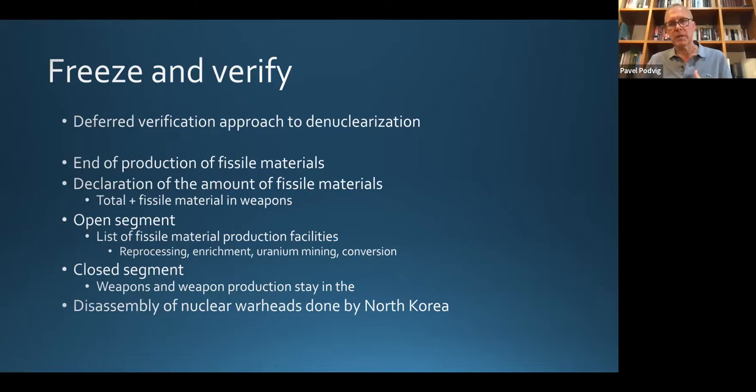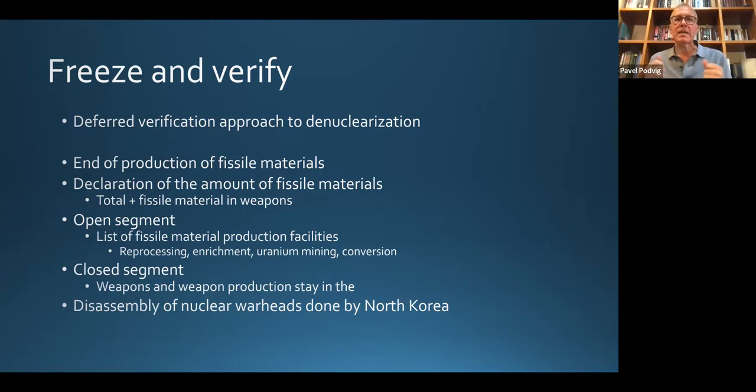So in that, we know this is the reactor at Yongbyon, the reprocessing plant in Yongbyon, and at least one enrichment facility in Yongbyon as well. I'll get to the other facility.